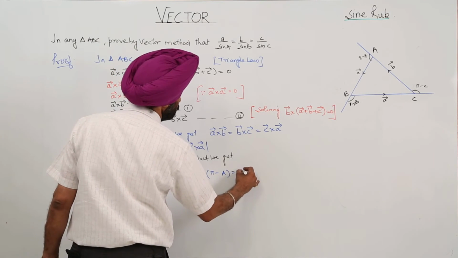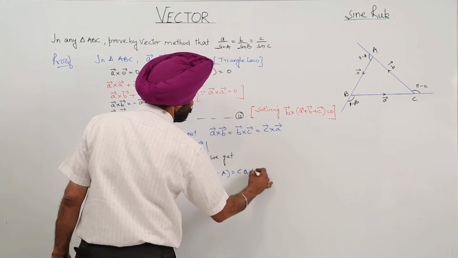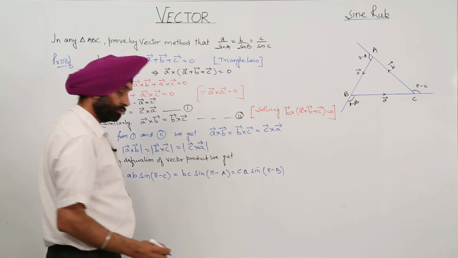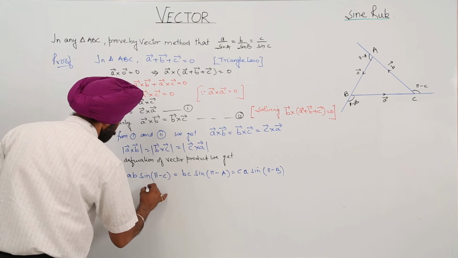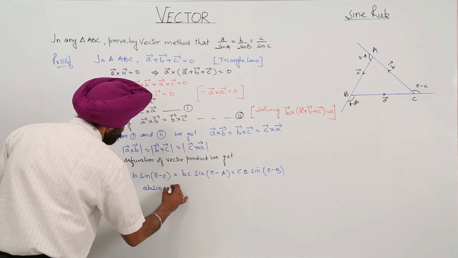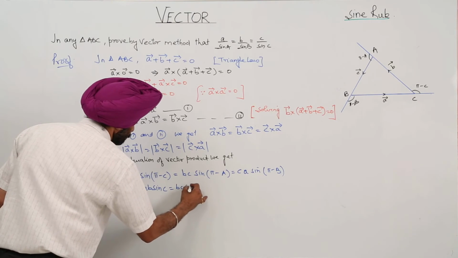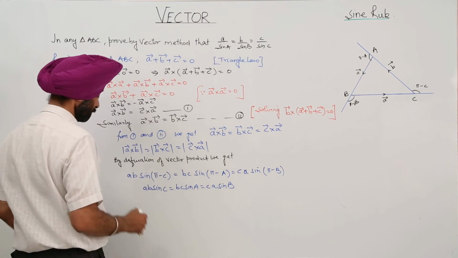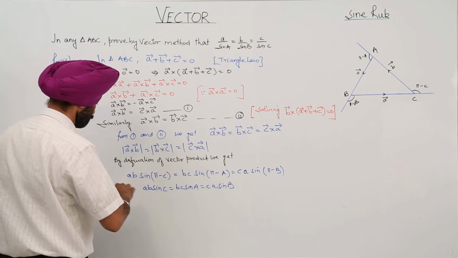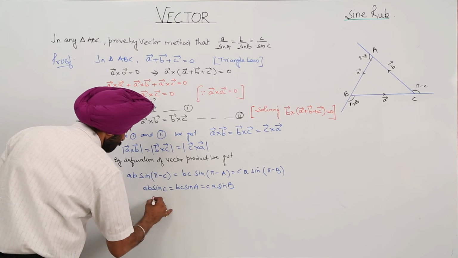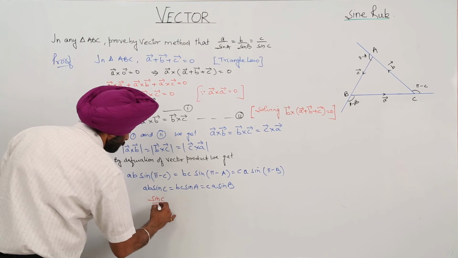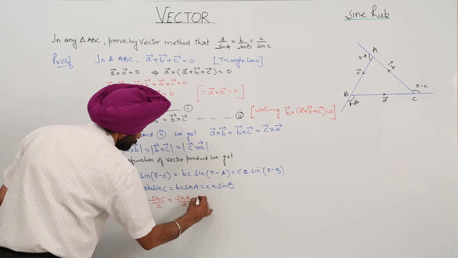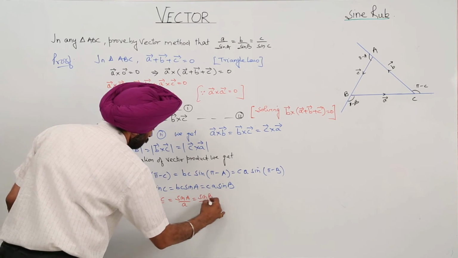This is equal to ca sine (pi minus B). Okay, so this now becomes ab sin C is equal to bc sin A is equal to ca sin B. Dividing by abc, because if we divide by abc, then we are left with sin C upon c is equal to sin A upon a is equal to sin B upon b.